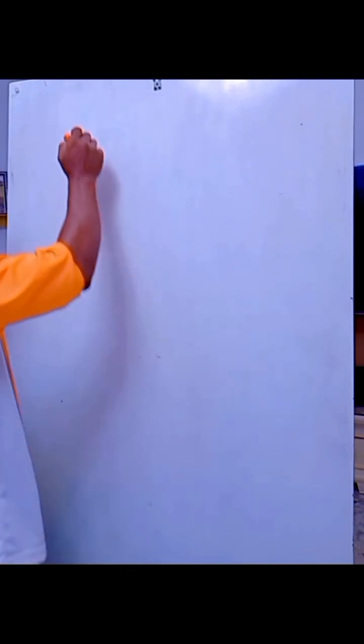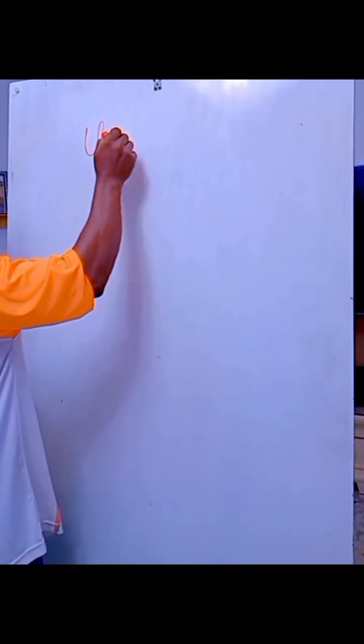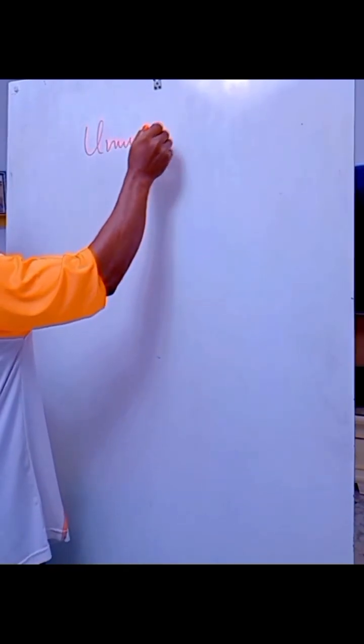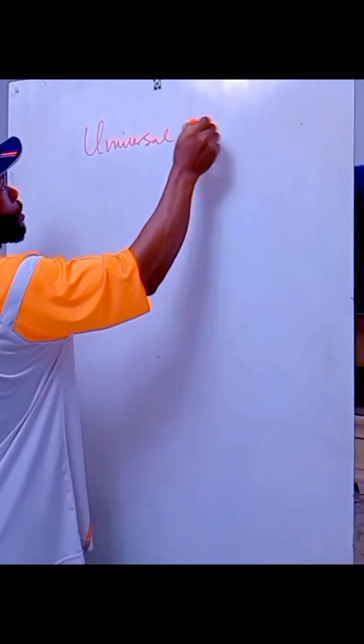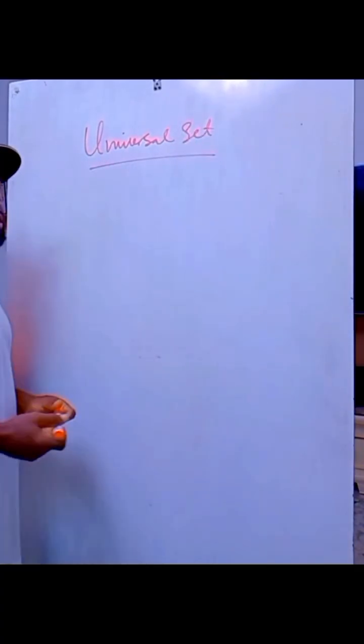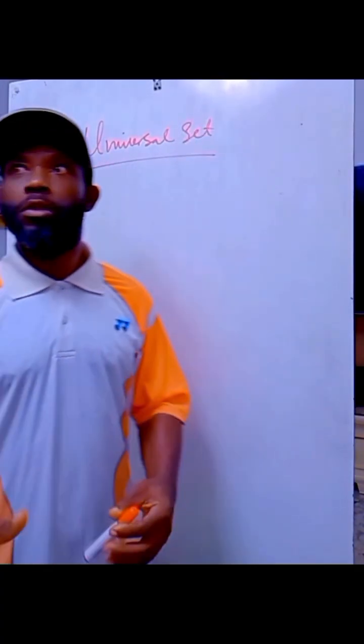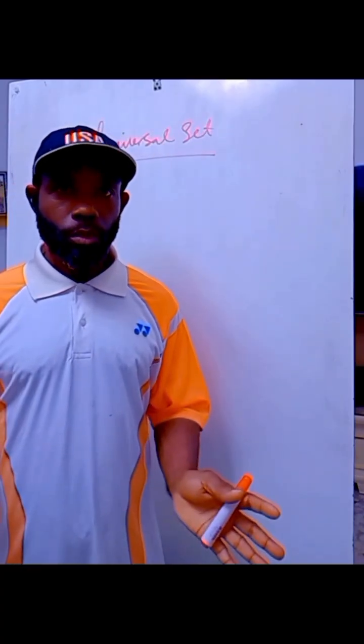Universal set. A universal set is a set that contains all the possible elements under consideration.